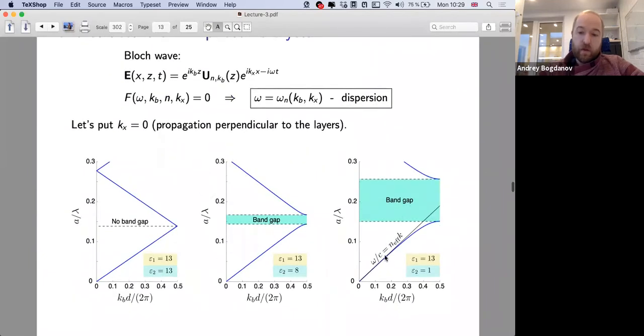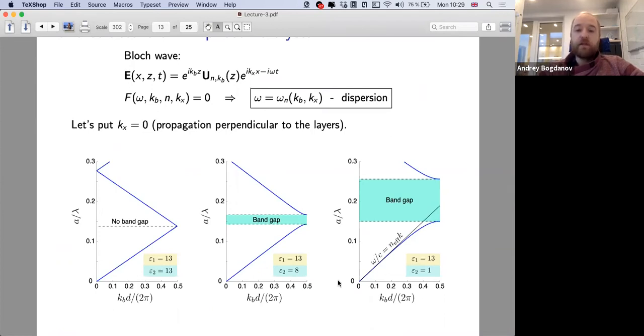When we have very low frequency and large wavelength, the dispersion of our photonic crystal is linear. It means that we could describe the dispersion by just one number, the effective refractive index or effective permittivity.